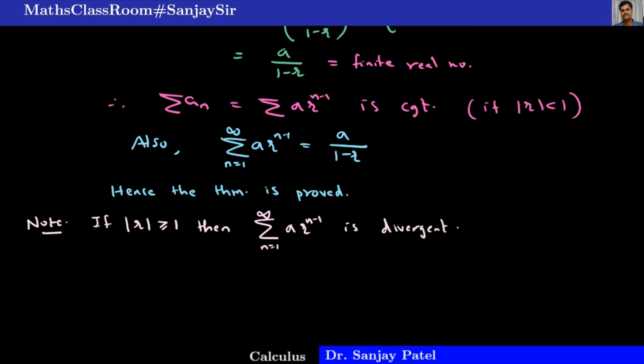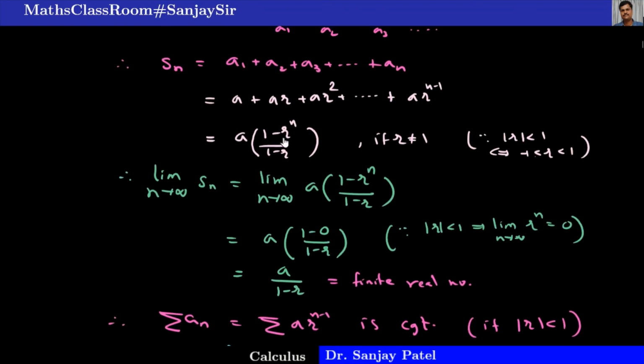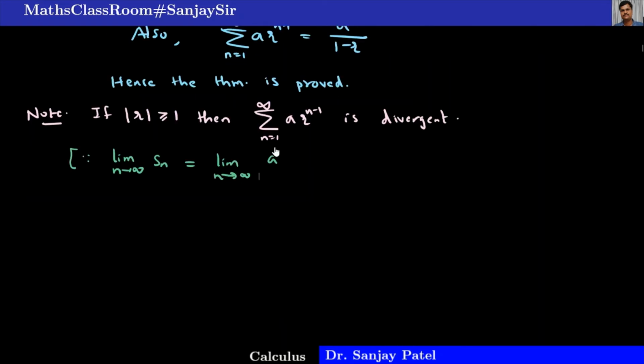Let us just write the main step, because if you find the limit in this case of the sequence of partial sums, that is the limit as n tends to infinity of Sn, then Sn is the same as what we have already obtained, that is a into 1 minus r raised to n upon 1 minus r.